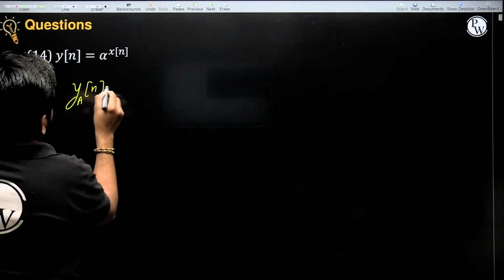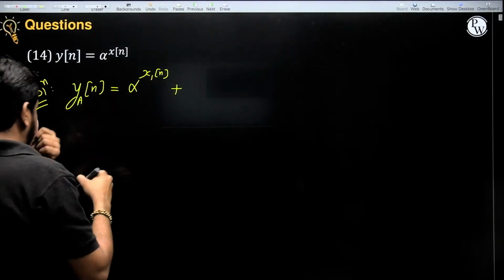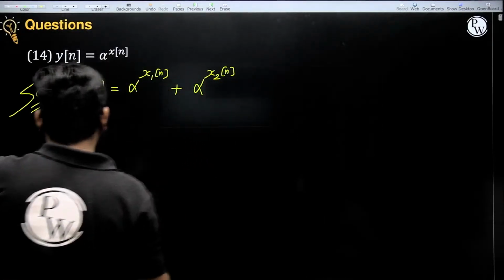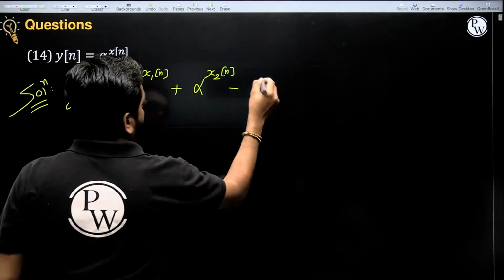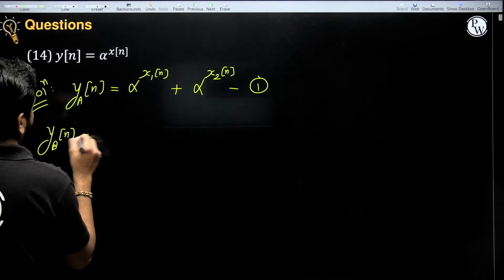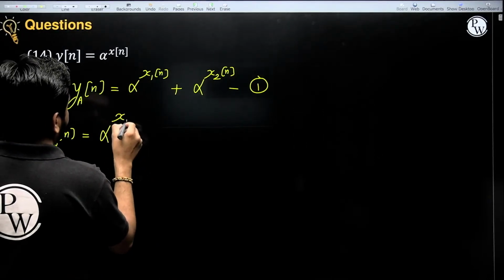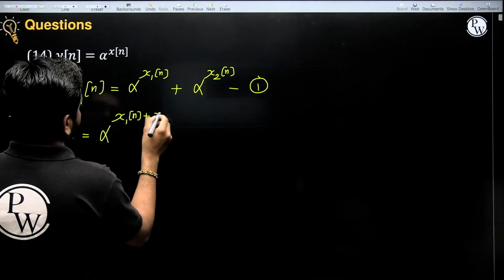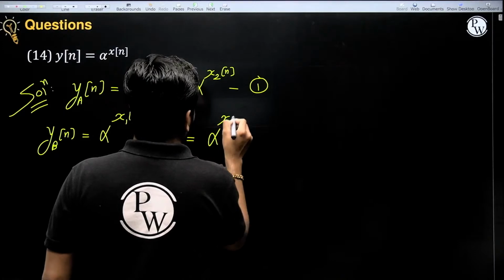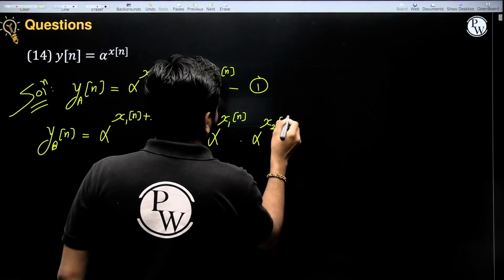Ya of n is alpha power x1 of n. This is the first response due to x1, plus the second response due to x2. Call this number 1. Now the response due to the combined input, yb of n, is alpha power the combined input, that means replace x with x1 plus x2, which gives alpha power x1 into alpha power x2.